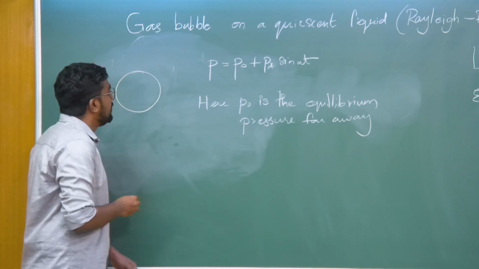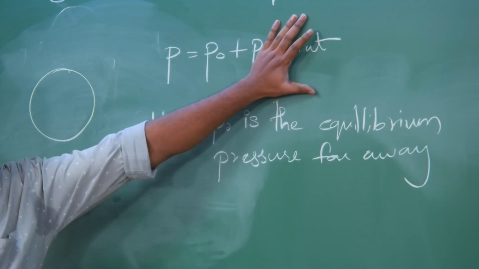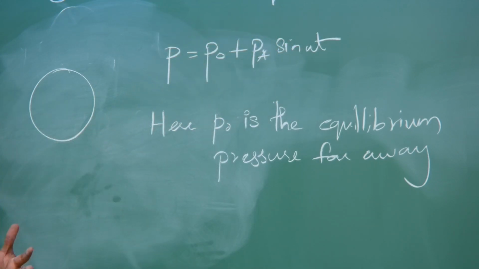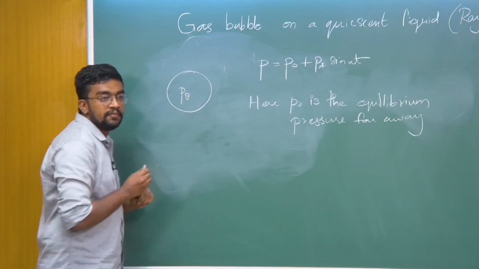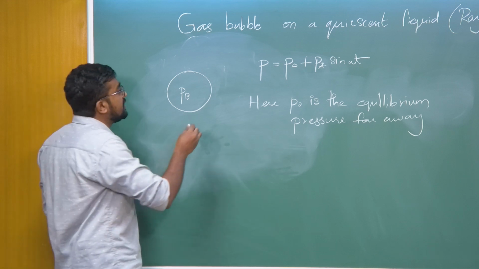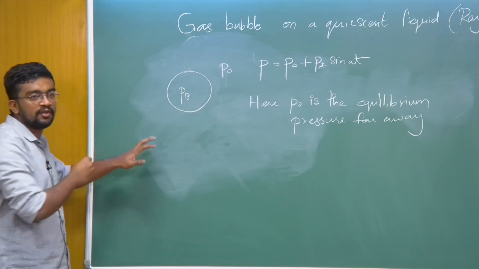So, assume that there was no pressure oscillation. In such a case, the normal stress balance on the bubble will be given by, suppose the pressure inside the bubble is Pb and the pressure just outside is P0, the equilibrium pressure that I talked about.